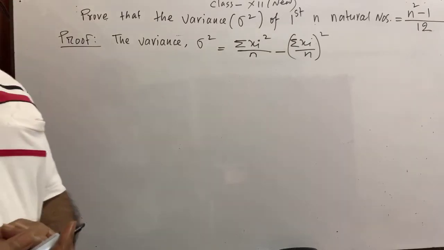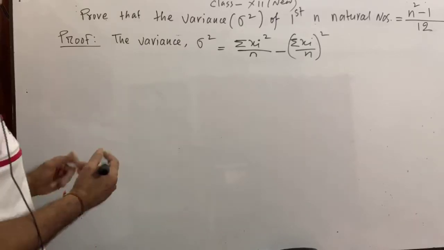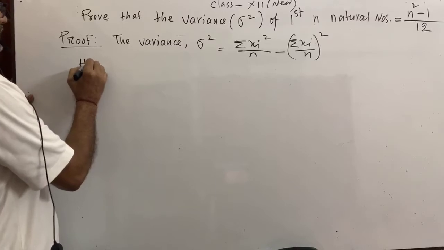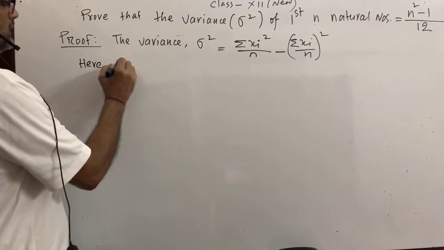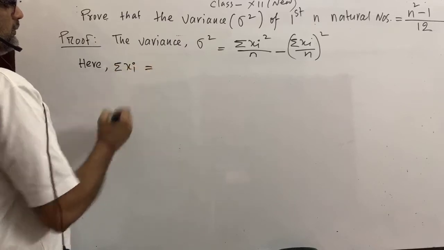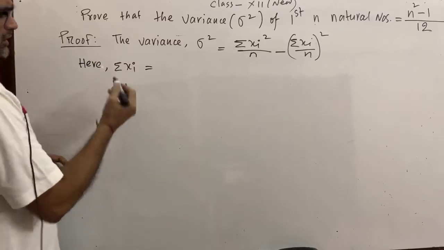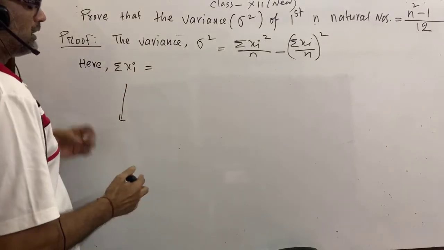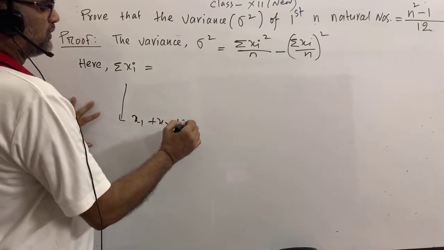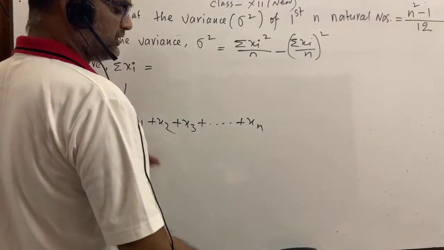I think all of you have got it. Now you see here, summation xi means, if i equals 1, 2, 3, 4 up to n, x1 plus x2 plus x3 up to xn, n terms.